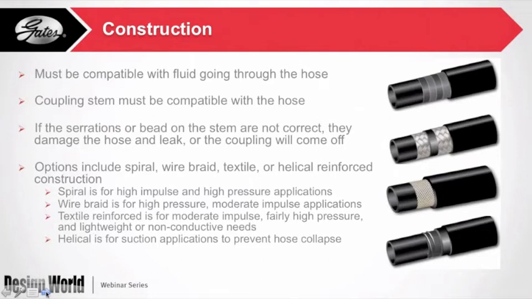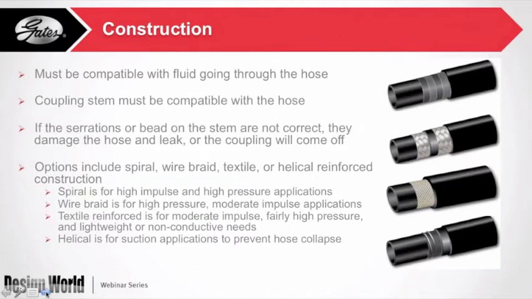So some constructions to consider as far as the hose and the couplings. Again, it's got to be compatible with the fluid going through the hose. So if I've got a nitrile tube stock in my hose, I'm going to have great oil resistance. So I want to have a nitrile O-ring or something similar that's going to seal the coupling.